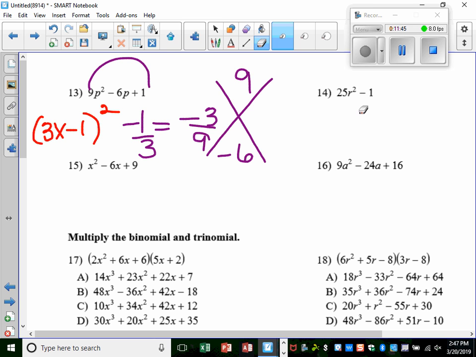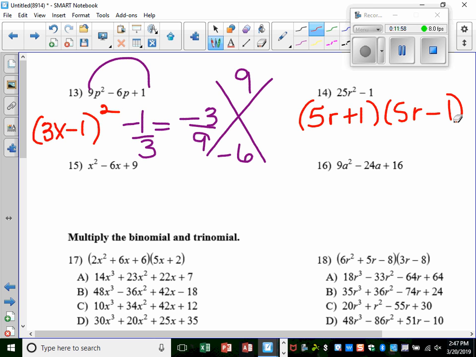And it has to have a minus sign. And basically all you do is take the square root of each number. So that's going to be 5r plus 1 and 5r minus 1. So you just make them opposites of each other because there's no middle term. Take the square root of 25 is 5. The square root of 1 is 1. Put a plus and a minus.